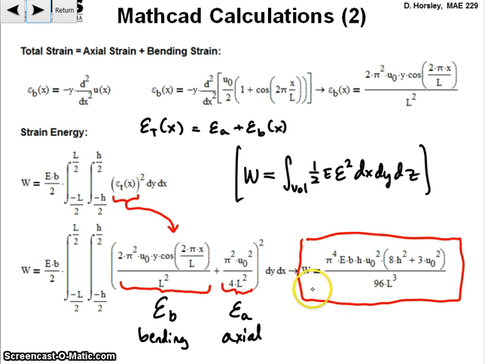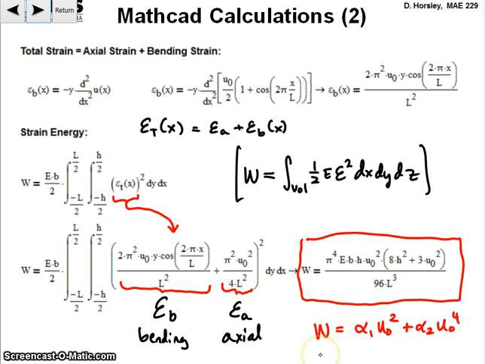And what I want you to notice is that when we do the minimization, we're going to minimize over u naught. So I have a term that looks like u naught squared, and when I multiply this out, I'll get a u naught to the 4th power. So W is like some constant, let's call that alpha 1, times u naught squared plus alpha 2 times u naught to the 4th power.